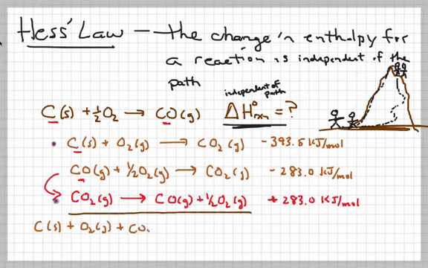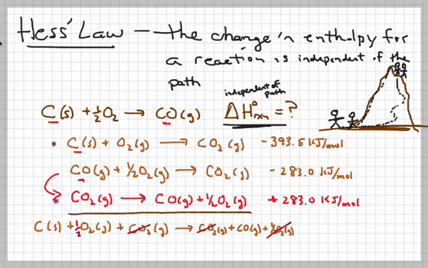First, we're going to add the reactants and the products on the two sides of the two reactions. So we're going to sum the two reactions. So we have now carbon plus oxygen plus CO2 to form CO2 plus carbon monoxide and 1/2 O2. Now you'll see that there are reactants and products in common on both sides of this equation, which will then drop out.